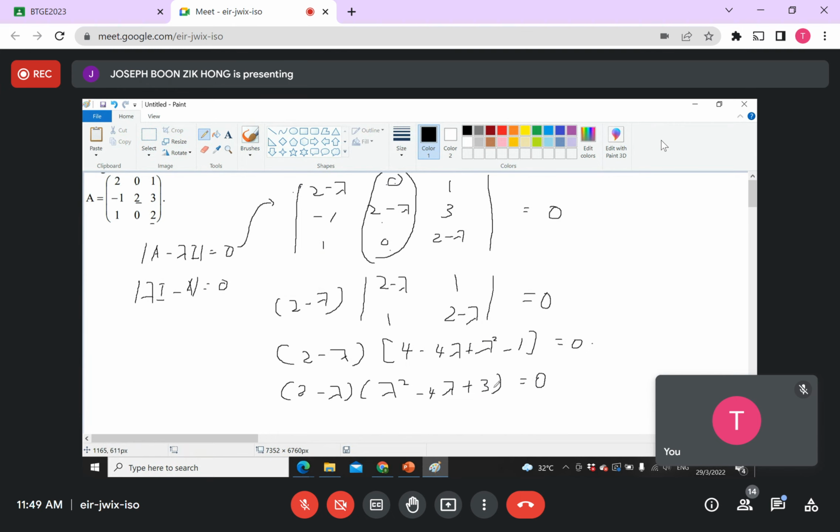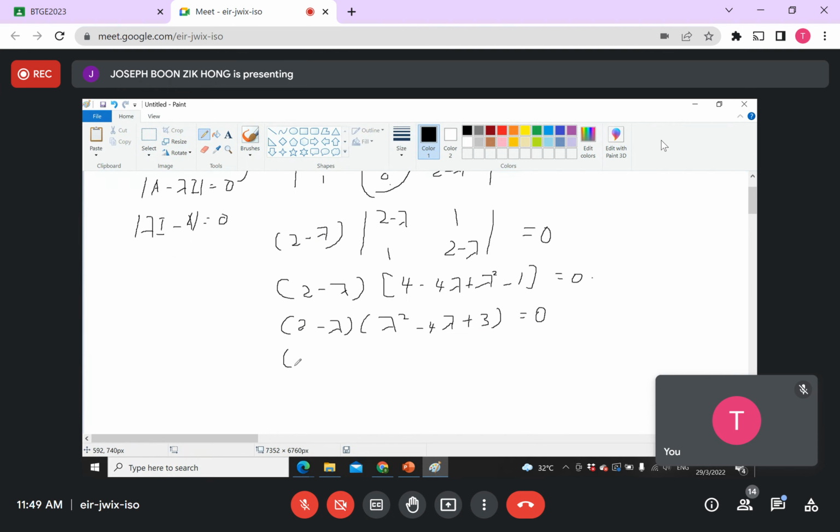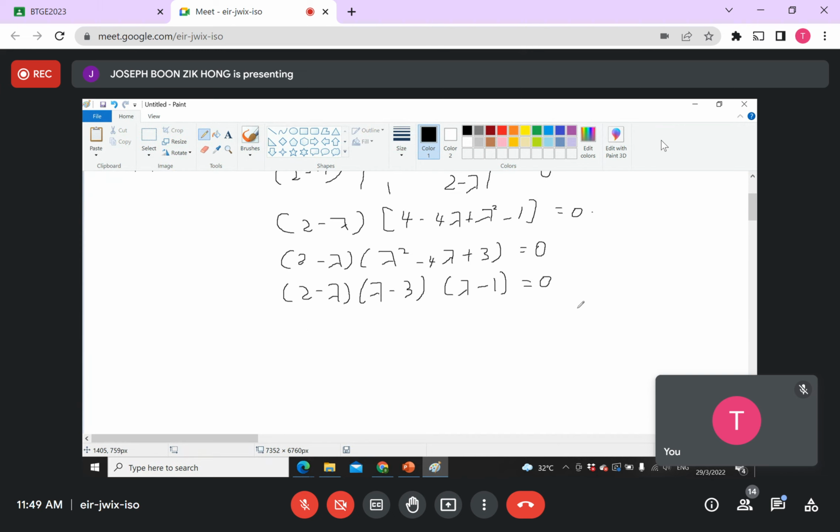Okay, the 3 I think can be easily seen: it will be 2 minus lambda, and then lambda minus 3, lambda minus 1, by factorization or calculator, up to you. So that means lambda is 2, lambda is 3, and lambda is 1.